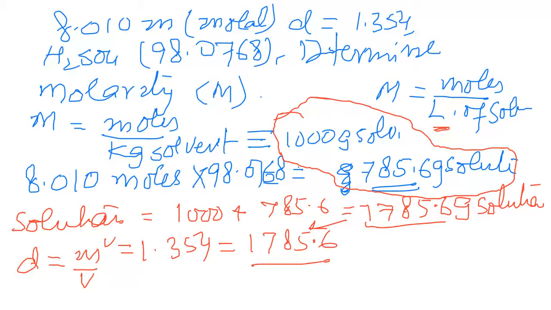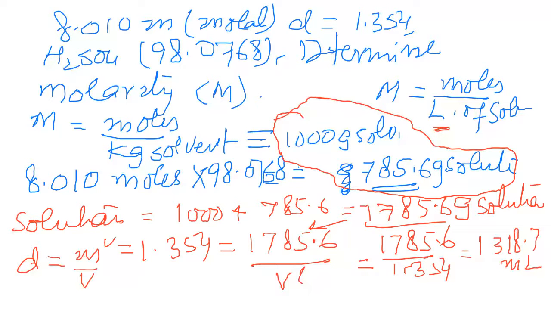So 1785.6 divided by 1.354, you will get 1318.7 milliliter. This volume is in milliliter because density is gram per milliliter.